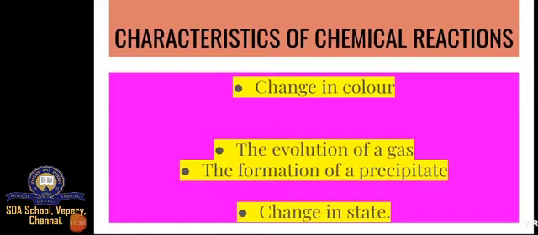So this is also how we can find out the reaction is taking place. Then the formation of a precipitate. Precipitate is nothing but a semi-solid settled at the bottom of the solution. That is precipitate formation. This is also a characteristic of a reaction taking place. Next, change in state, that is when it is changing any of the three forms of state, either solid, liquid or gas. So these are the characteristics the chemical reactions possess to get a product.